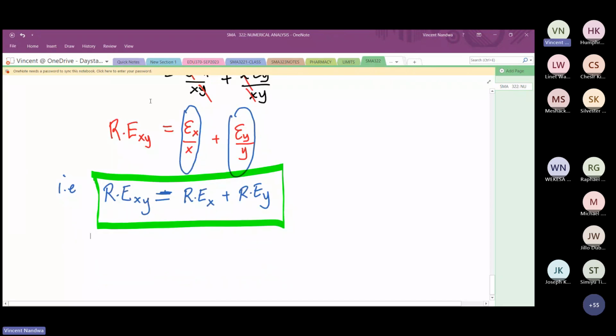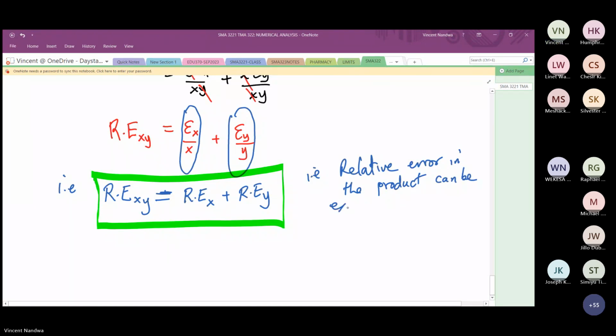So lastly, we are saying that the relative error in the product can be expressed as a sum of the relative errors.